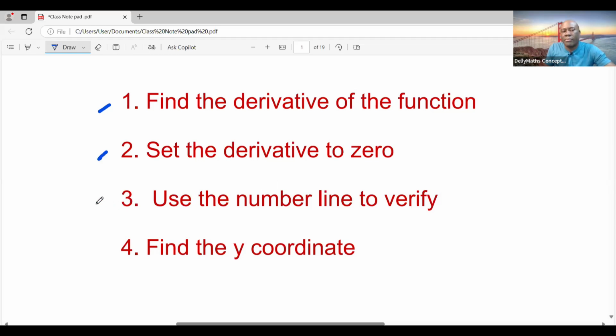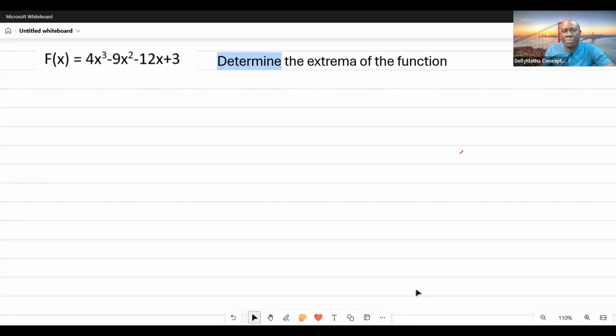After that, we're going to use our number line to find out if we're at a max or minimum. And lastly, we're going to use those x values that we get to substitute to find the y value. So we'll talk about that when the time comes. Now let's get to it.